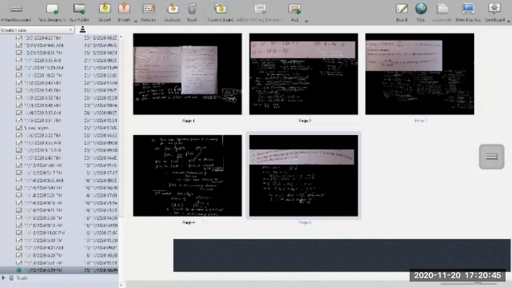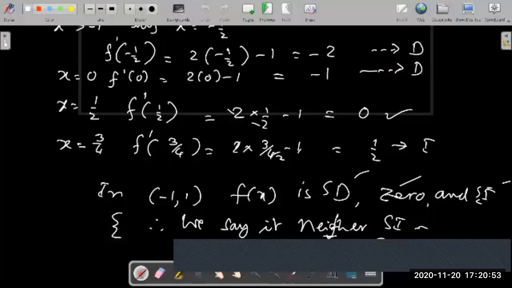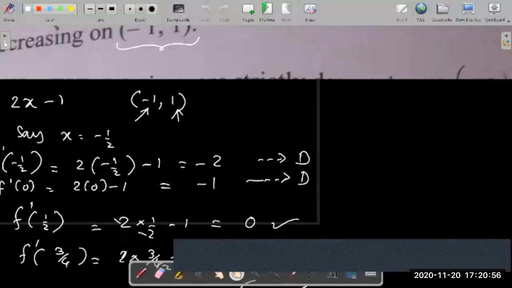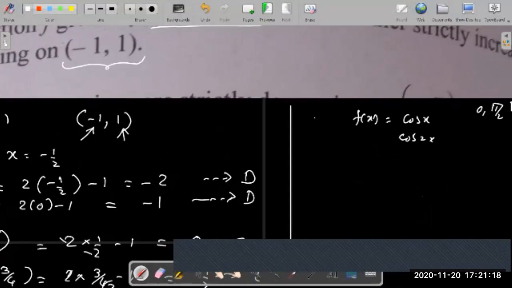We put it here. We are now trying for f of x equal to cos x, f of x equal to cos 2x, and that is 0 to pi by 2.